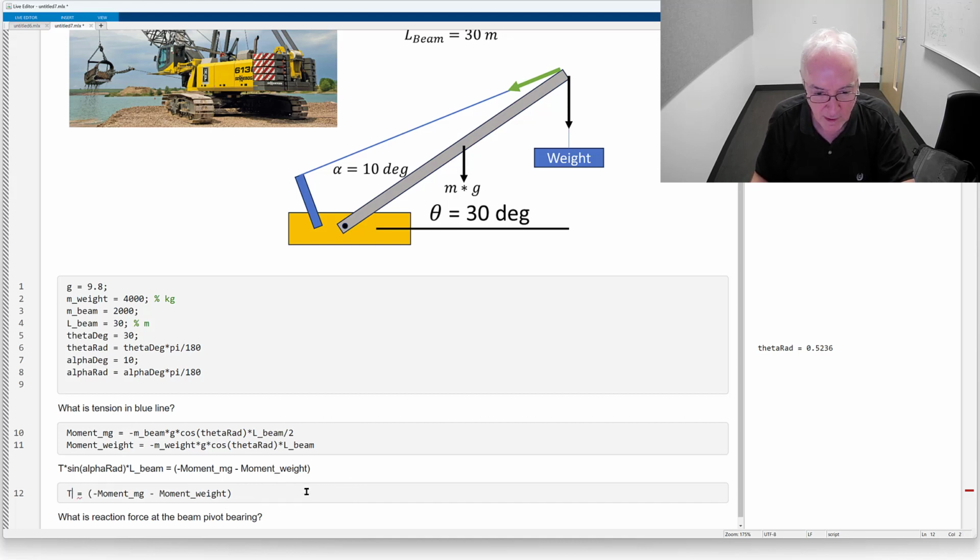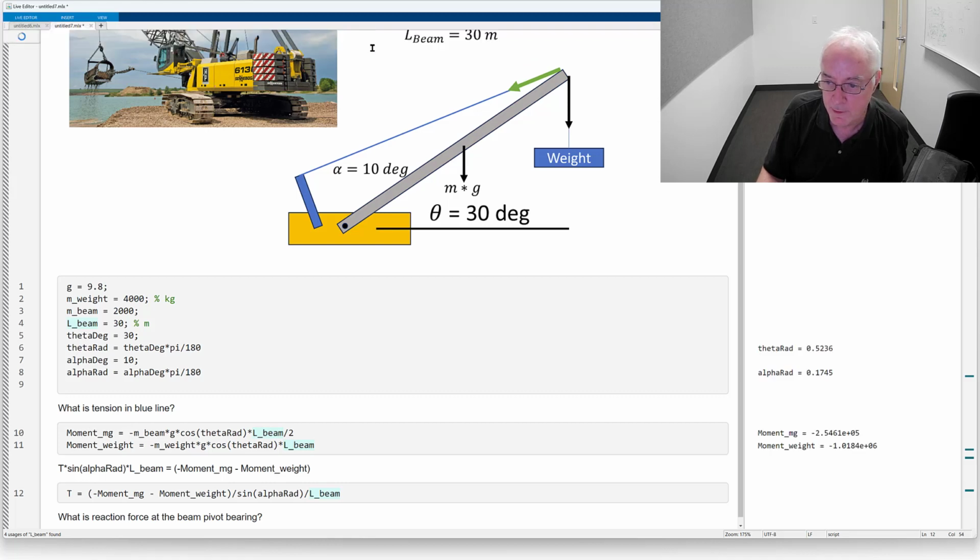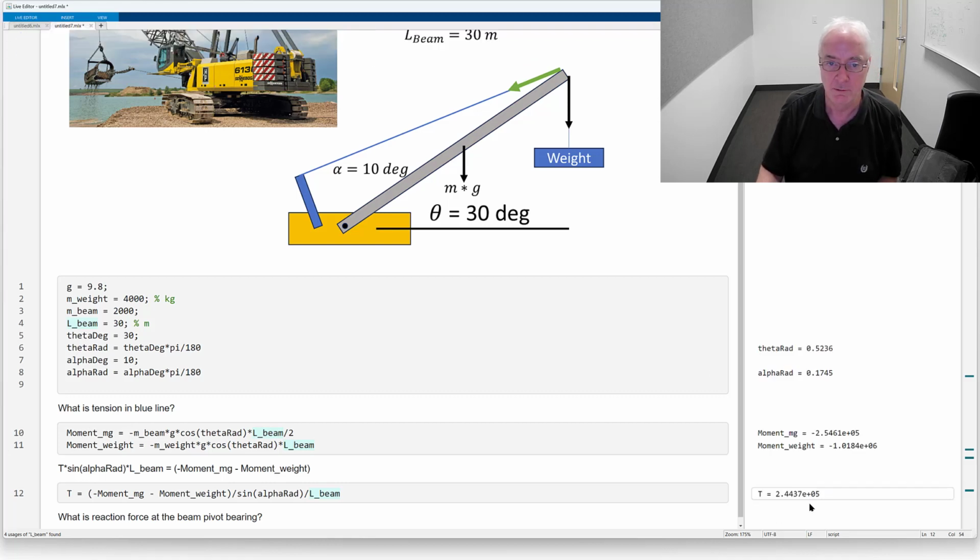So let's go Control X. Let's bring it over here. And let's turn those multipliers into divides. Okay. And we'll hit run. And there's our tension right there.